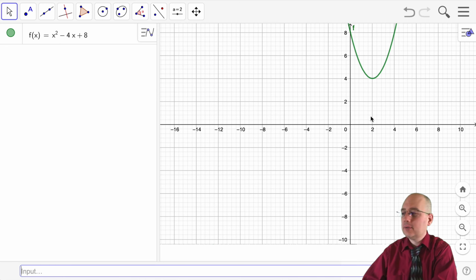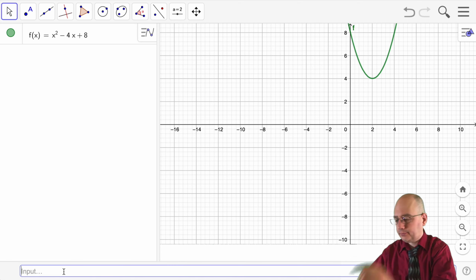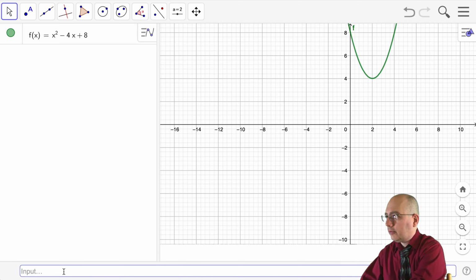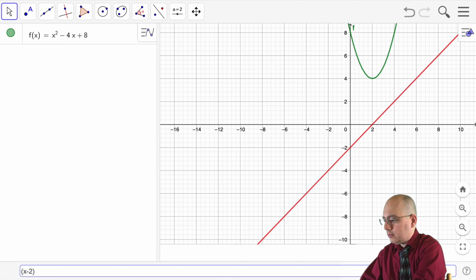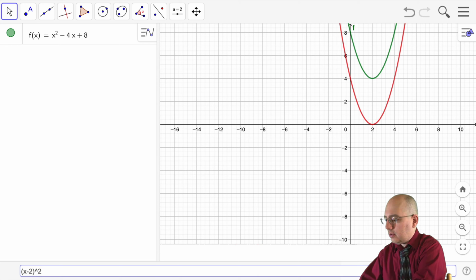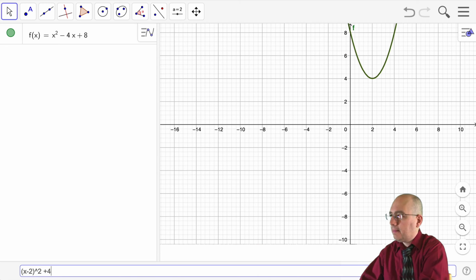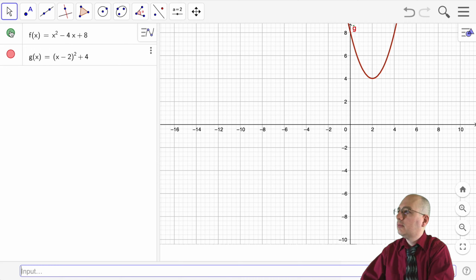Well, there's a little trick. The vertex form was x minus 2 squared plus 4, right? So get rid of that original one, and it's just the same one. Good.